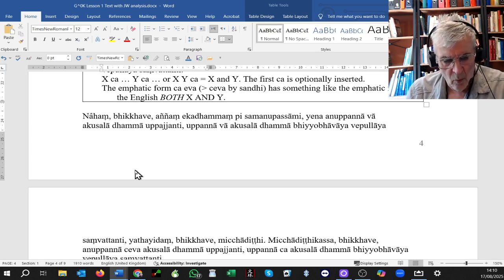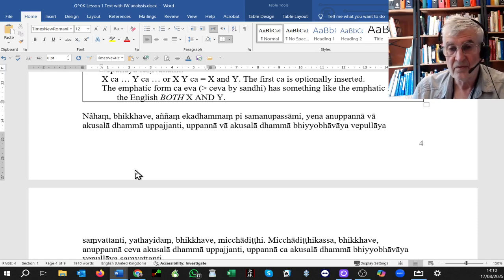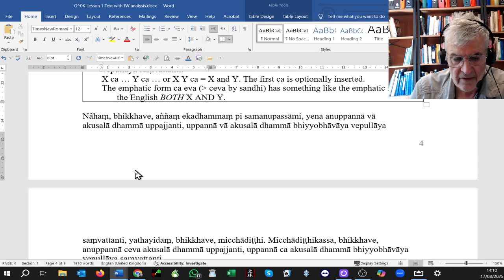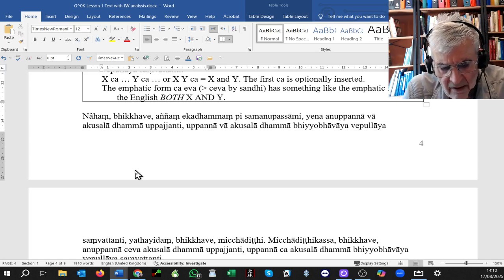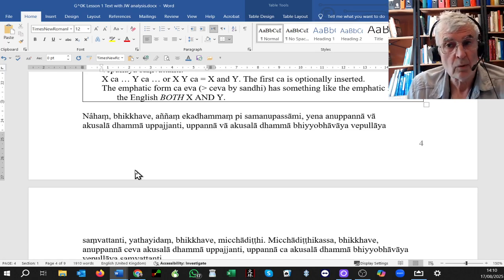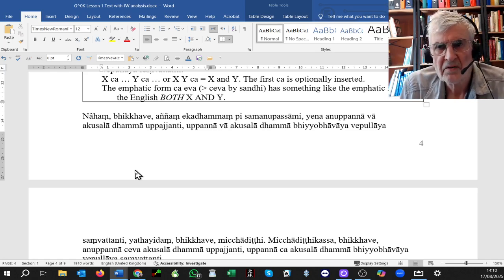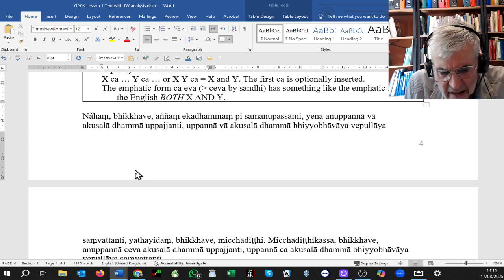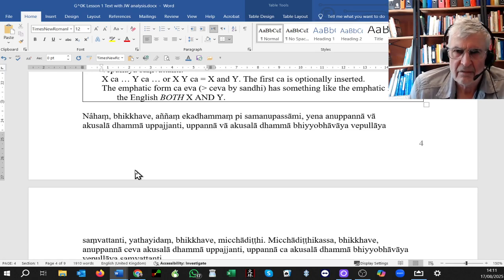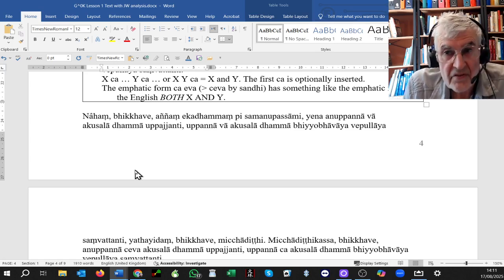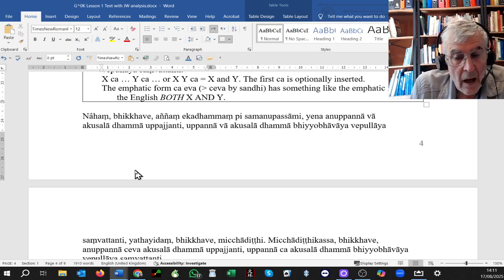Now, almost all of the material in this sentence we have already done in the earlier readings in this lesson. So, naham bhikkhave annam ekadhammampi samanupassami. I do not, O monks, perceive or detect or discern any single dhamma, which has the general meaning of phenomenon, annam, one other, even one other single phenomenon, yena, whereby, it's the instrumental of the relative pronoun yo, so yena, by which, whereby, anuppannava akusala dhamma uppajjanti.